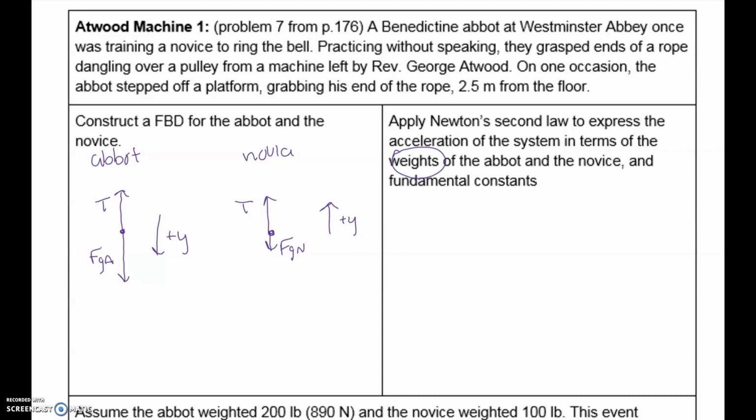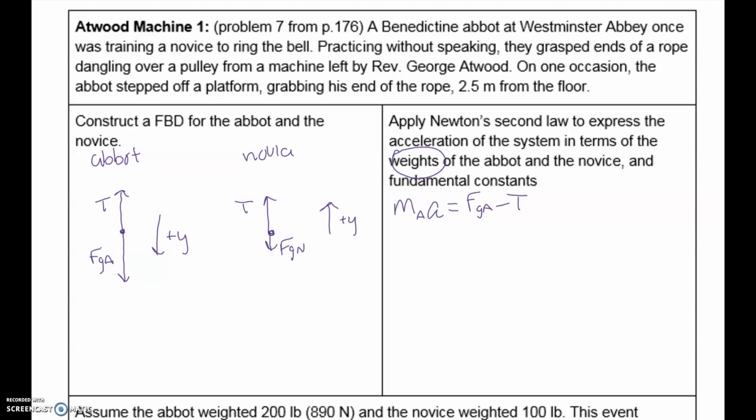Alright, so let's first look at the Abbot. So summing the forces on the Abbot, we have our net force, which is mass times acceleration, so mass of the Abbot times acceleration is equal to, I have a positive gravitational force and a negative tension. So force of gravity of the Abbot minus tension.